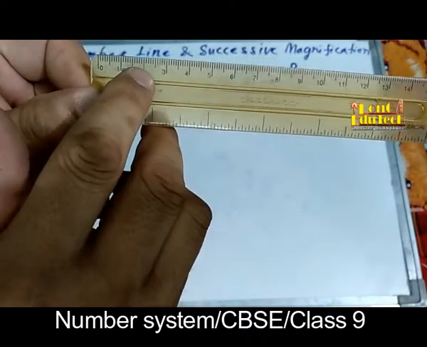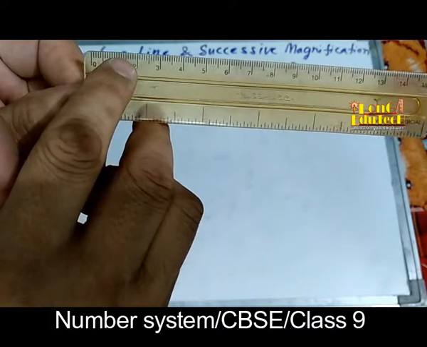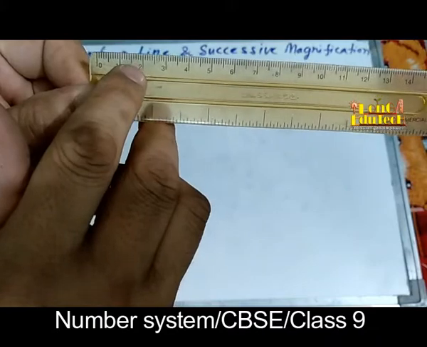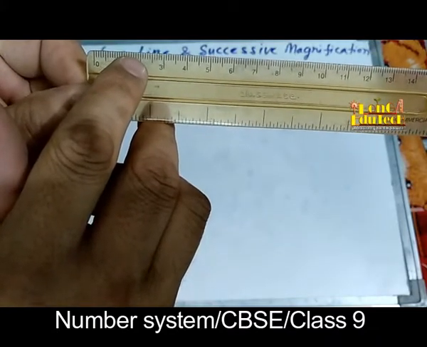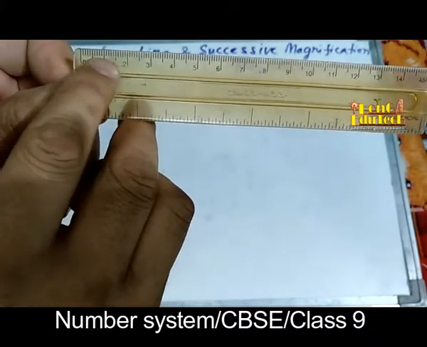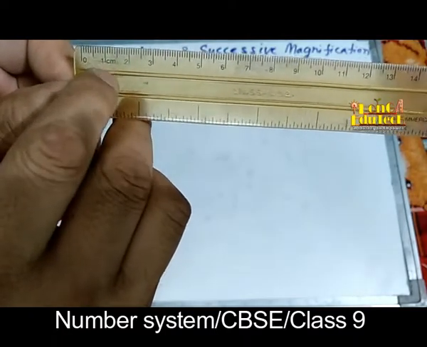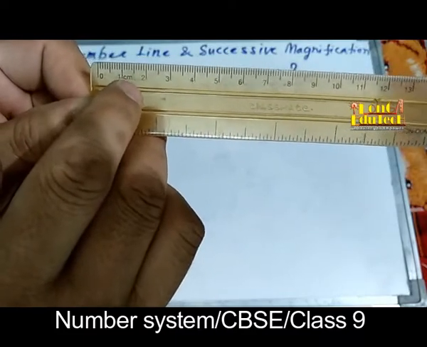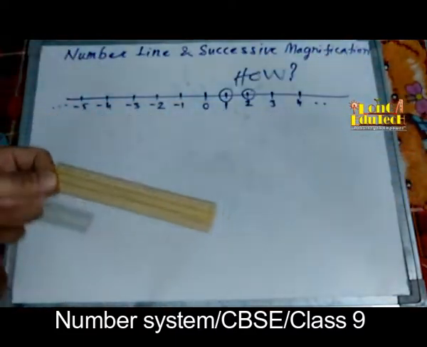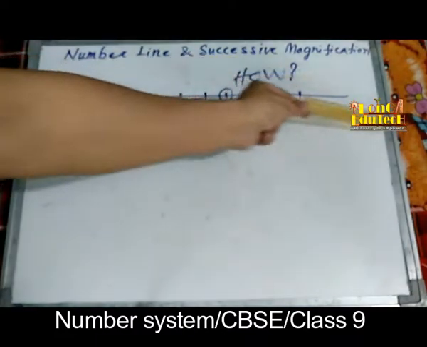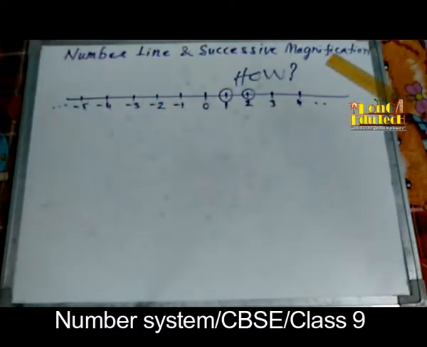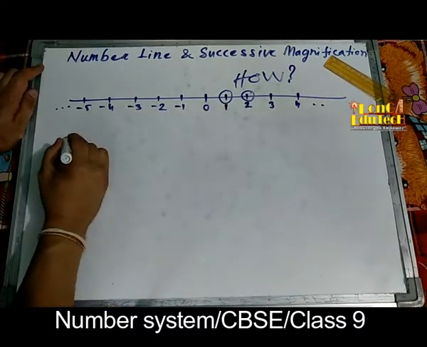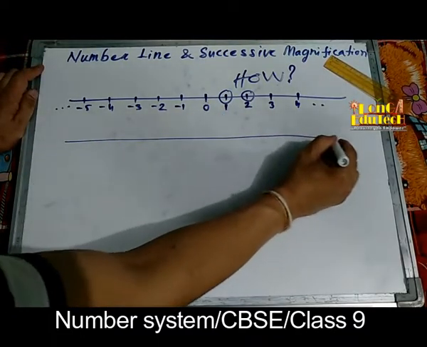How many small divisions are there? 1, 2, 3, 4, 5, and the longer one is up to 5, then 6, 7, 8, 9, and 10, right? So between 1 and 2 there are some other numbers. Let us find out how many. This will be done with the help of successive magnifications.